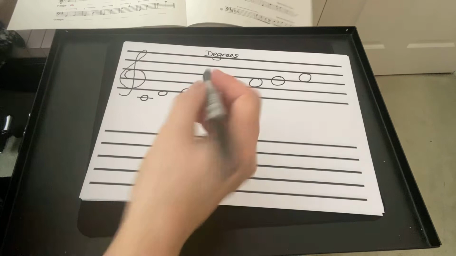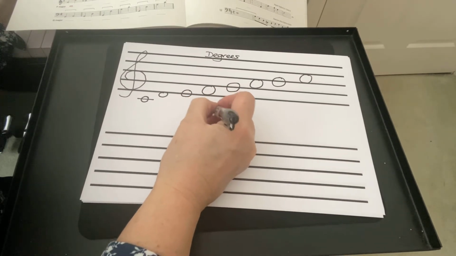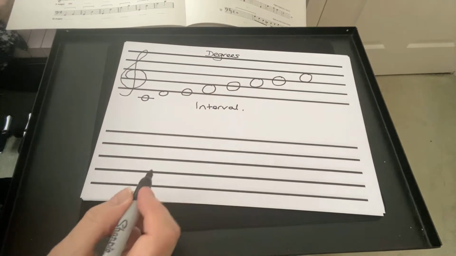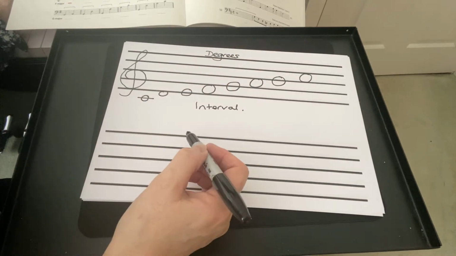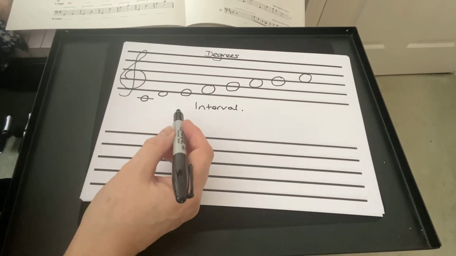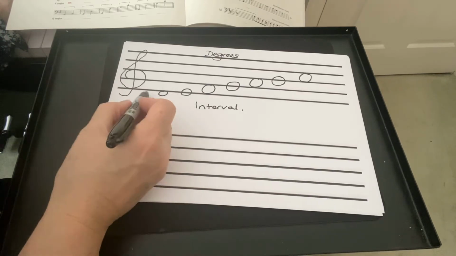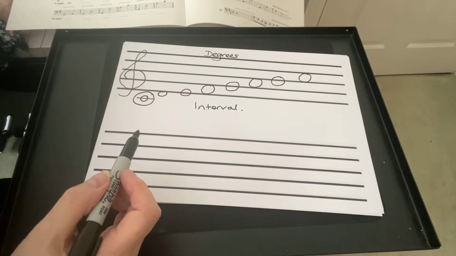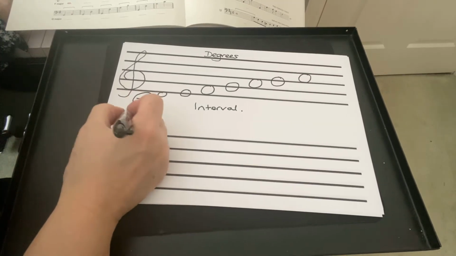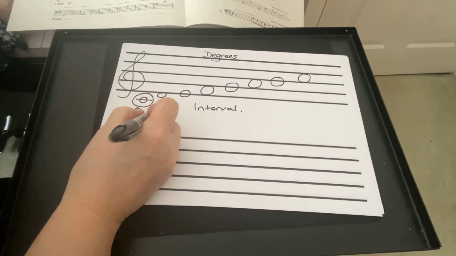Now an interval, which is the other thing that they're dealing with here, is the distance between any 2 of these notes. Generally the intervals that you'll be looking at the moment will be based on your key note. The key note is the name of the key that you're dealing with.